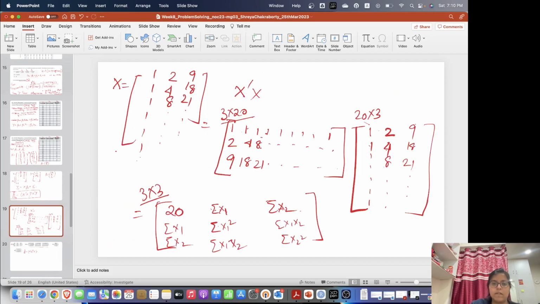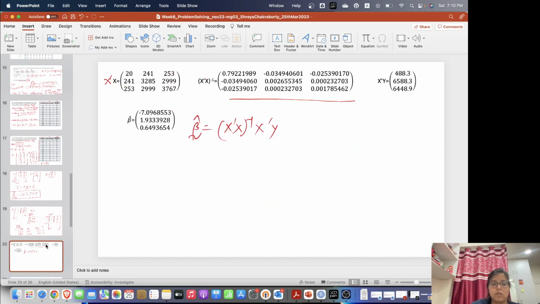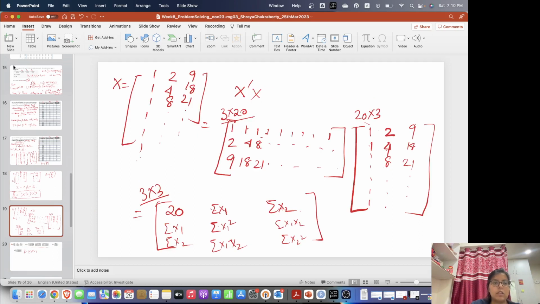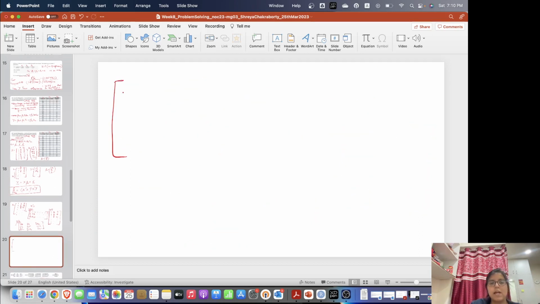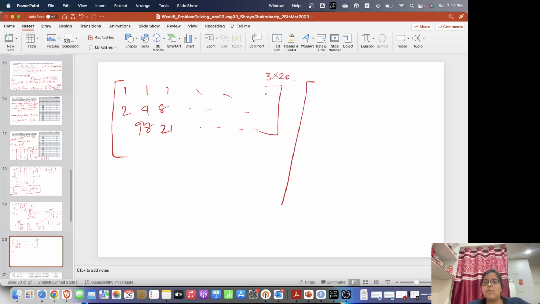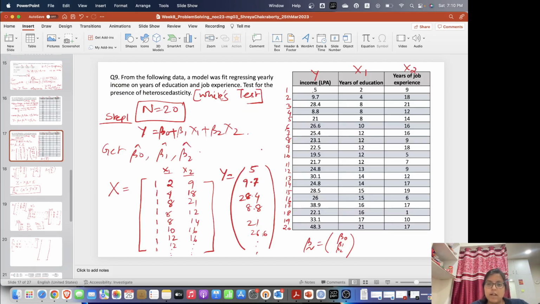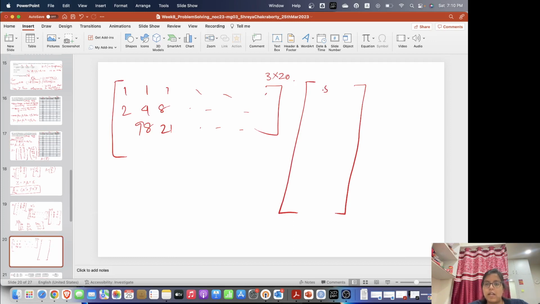If we have to do x prime y, so if I go here, x prime will be 1 1 1 1 and so on. This will be 2 4 8, this will be 9 8 21. x prime has a dimension of 3 cross 20, and y would have that income variable, that is 5, 9.7, 28.4.